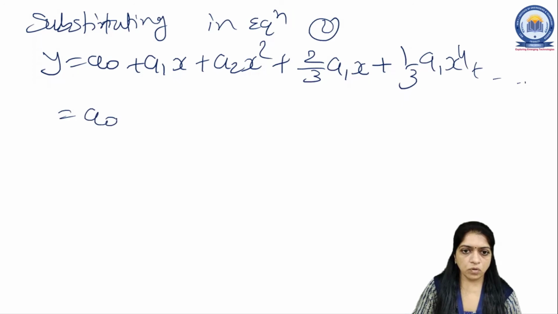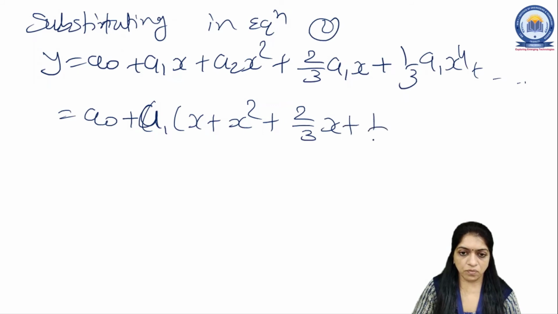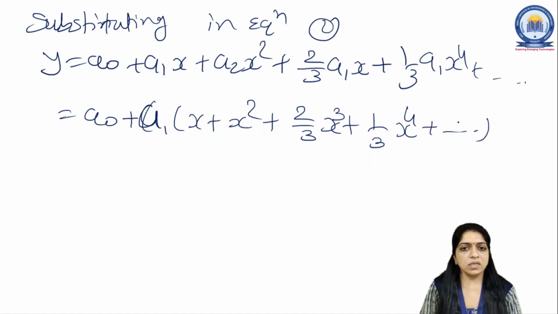So a0 plus, if I keep a1 as common, then a1 times x plus x square plus 2 by 3 x cube plus 1 by 3 x raised to 4, up to so on. So this is the power series solution of the given differential equation.